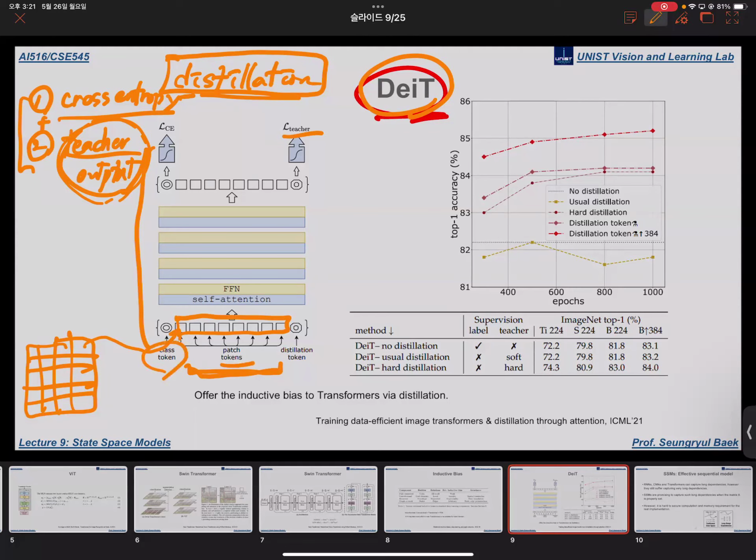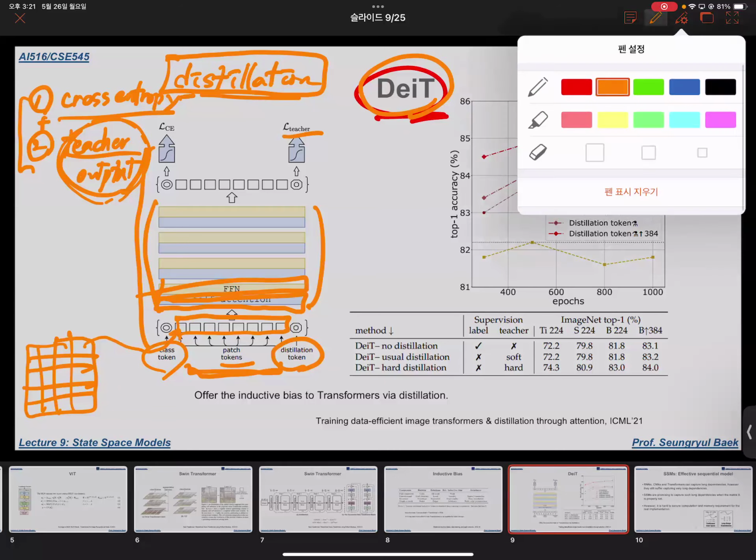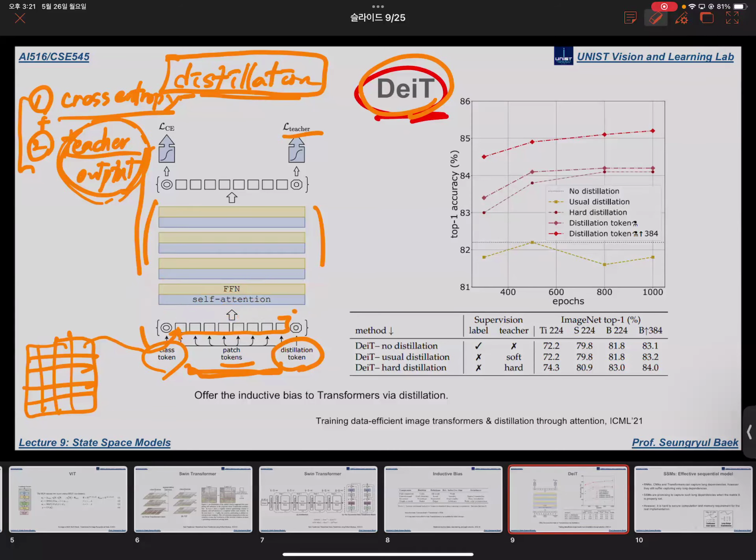And this is the class token that I explained when explaining ViT. They also have another token called the distillation token. And this is the ViT transformer encoder architecture, mostly composed of self-attention and MLP layers.